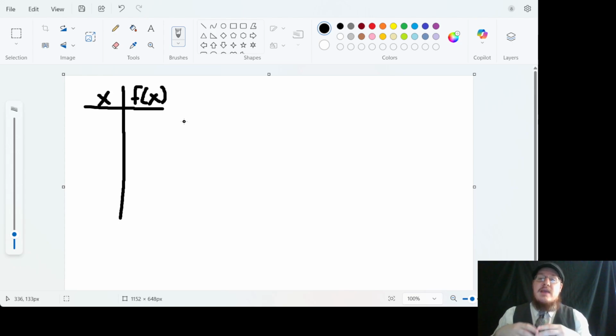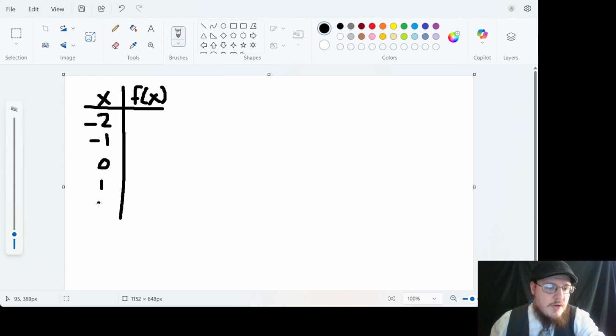So in order to be able to get an accurate depiction of a graph, the values that we typically choose for these types of equations, these types of functions, are typically -2, -1, 0, 1, and 2.